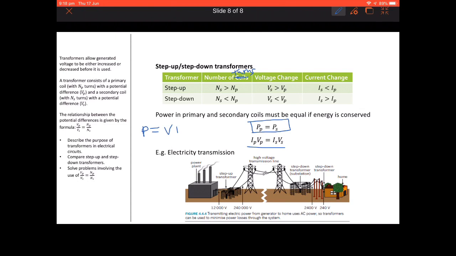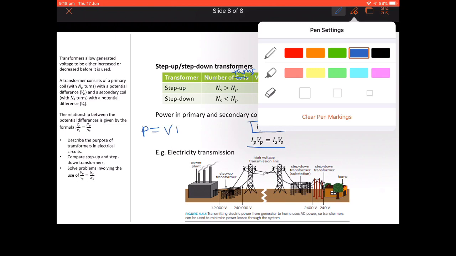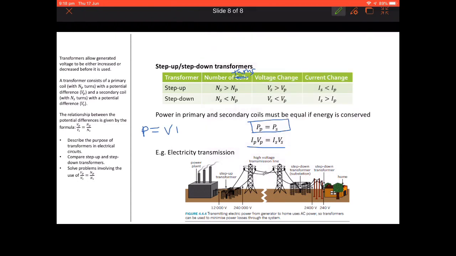So those two values have to be the same. So if the voltage in the secondary coil is increasing, but voltage multiplied by the current has to be equal to this value, then your current must be decreasing.